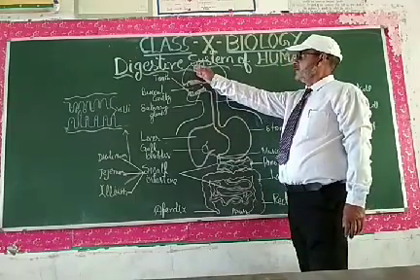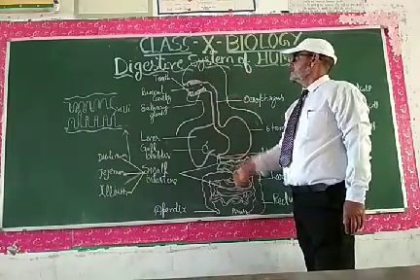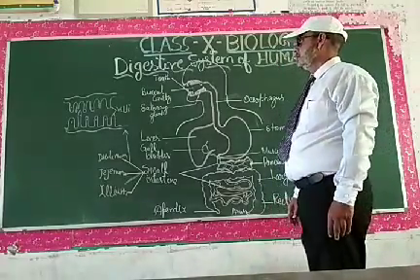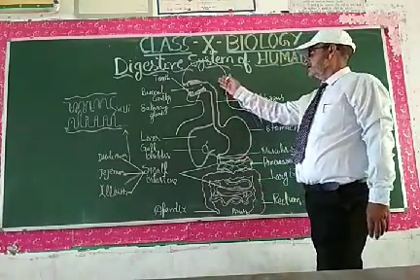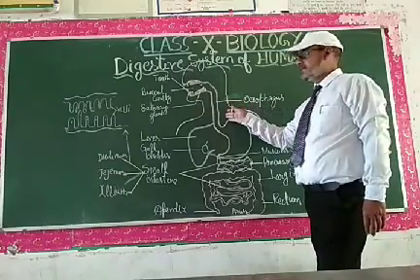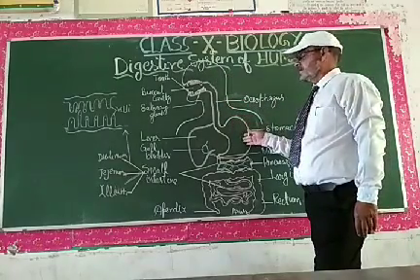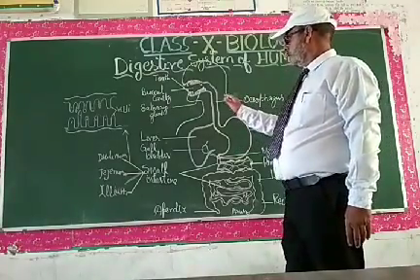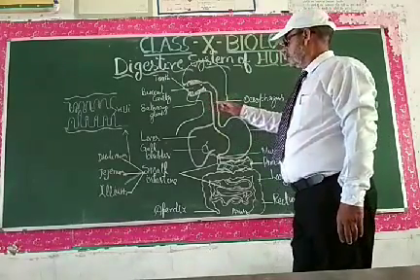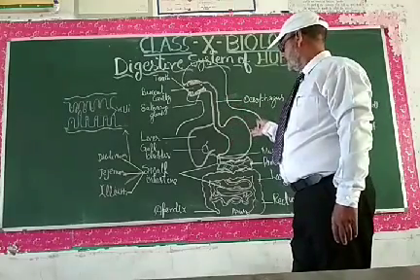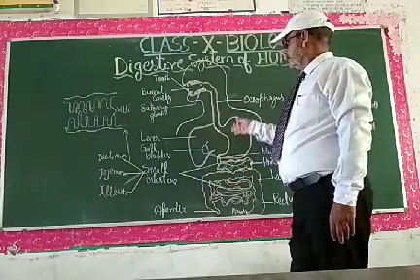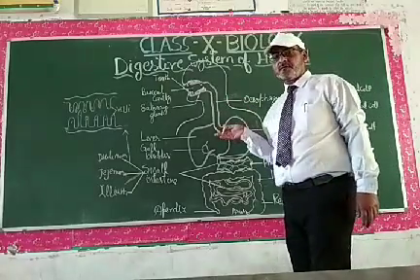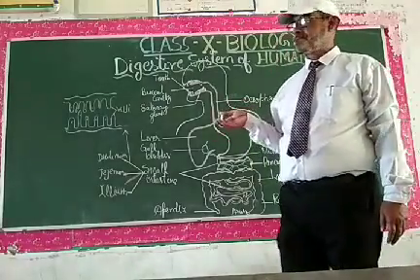Dear students, today's topic is the digestive system of humans. My dear students, as you are looking at the diagrammatic representation of the digestive system of humans on this board, you will see the whole structure, morphology as well as anatomy of the digestive system, by which humans facilitate the process of digestion.